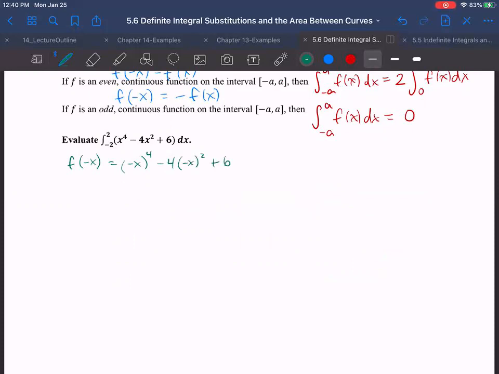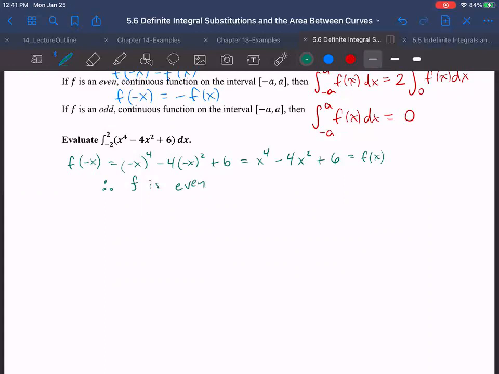Negative x to the 4th is just x to the 4th, and negative x squared is just x squared, and the 6 doesn't get changed. So that's just our original function, right? Therefore, f is even.